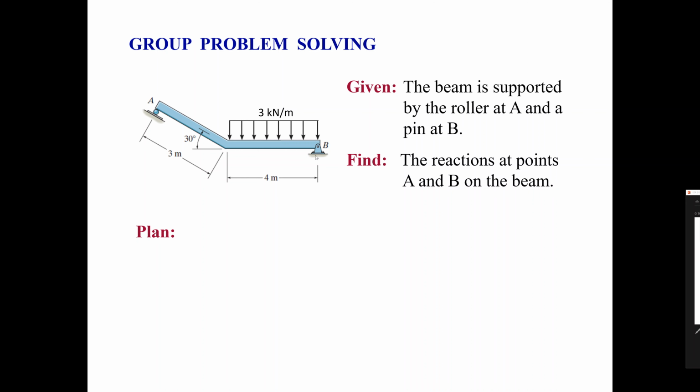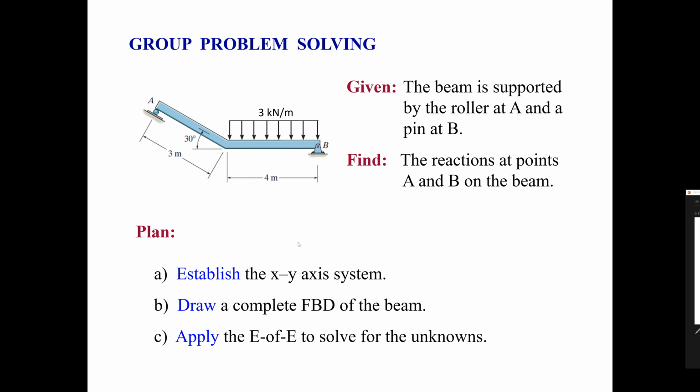Or we could make one that's parallel to the surface, right along this surface, that becomes our X. We could draw it right along and pass through B. And then you have a Y component, which is basically just normal or perpendicular to that. Okay, so first thing is we establish that system.